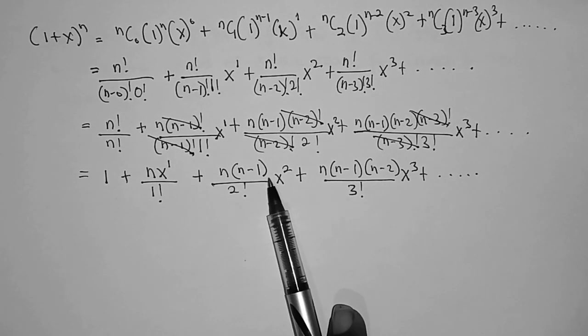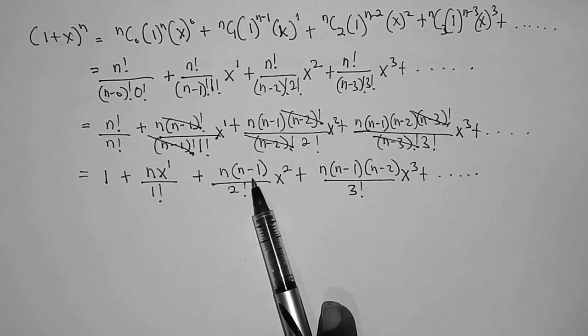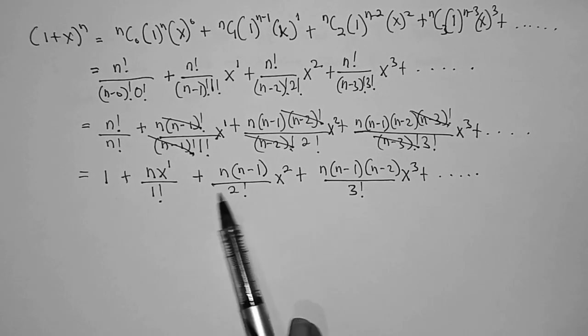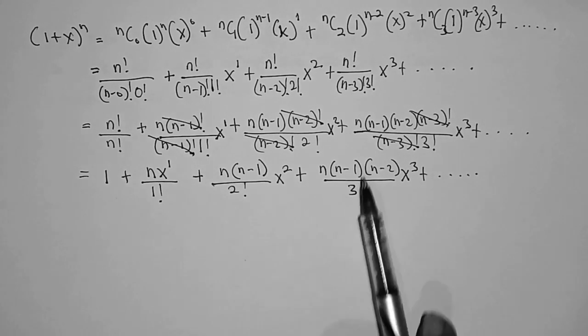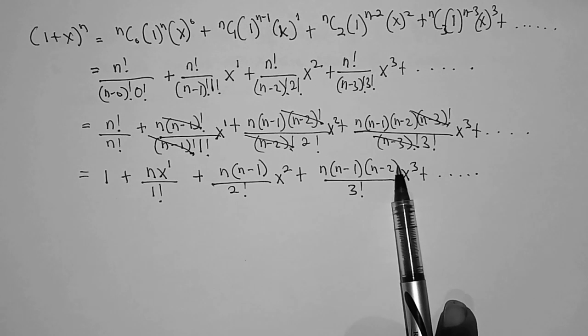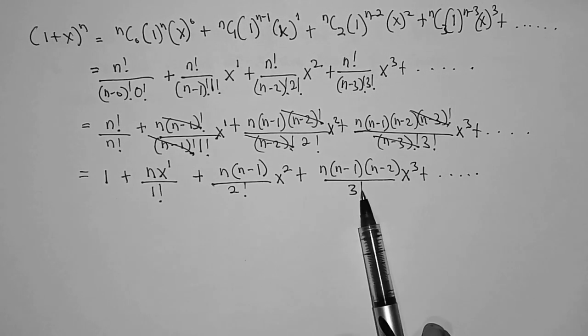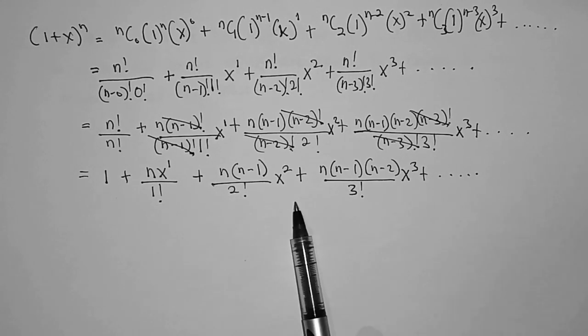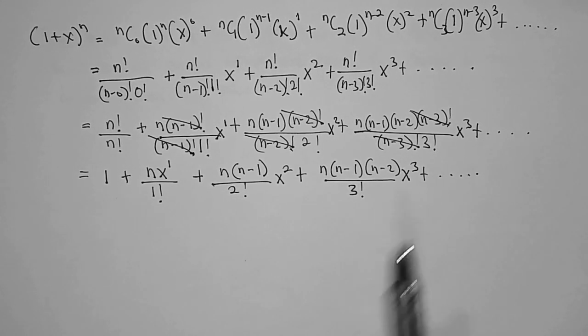So here, the third term is n times n minus 1 x squared divided by 2 factorial. Then the third term is n times n minus 1 times n minus 2 x exponent 3 divided by 3 factorial. So we are going to use this concept to solve many other examples.